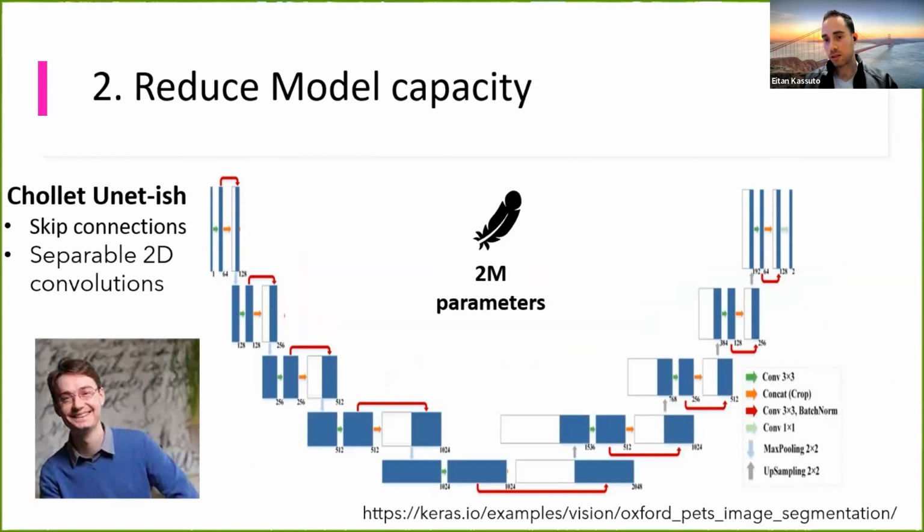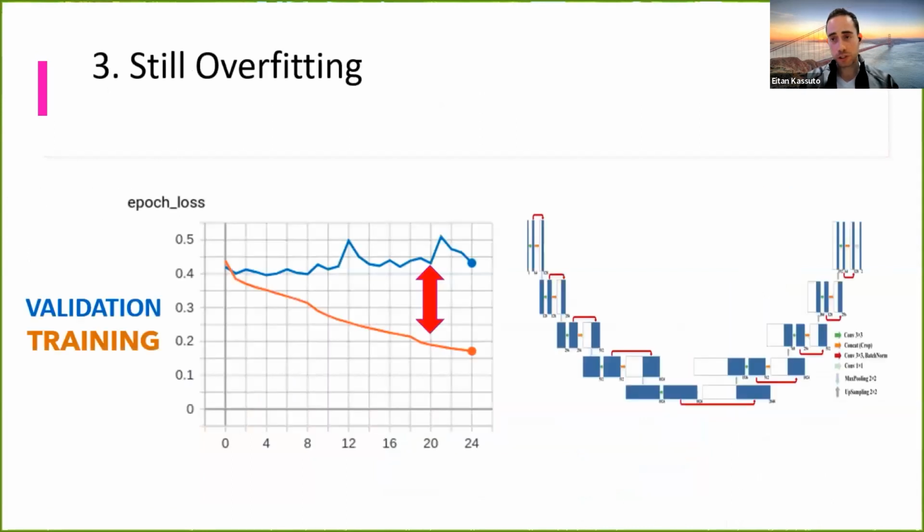However, it's replaced with dense connections or skip connections between each layer throughout the downstack and the upstack layers. In addition to this, it uses separable 2D convolutions in order to reduce the parameter count. And so it reduces down to 2 million. So we trained, and what do you know? Still overfitting.